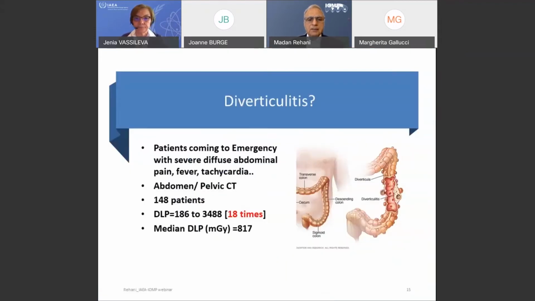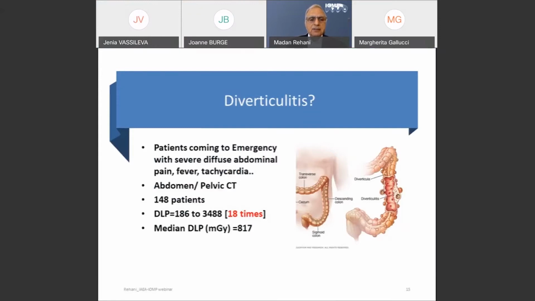Thank you, Jenia. It was only a few weeks ago that our emergency physician in Mass General Hospital sent us the list of 148 patients. These are all the patients who came to the emergency with severe diffuse abdominal pain, fever, tachycardia, so with the question of diverticulitis.